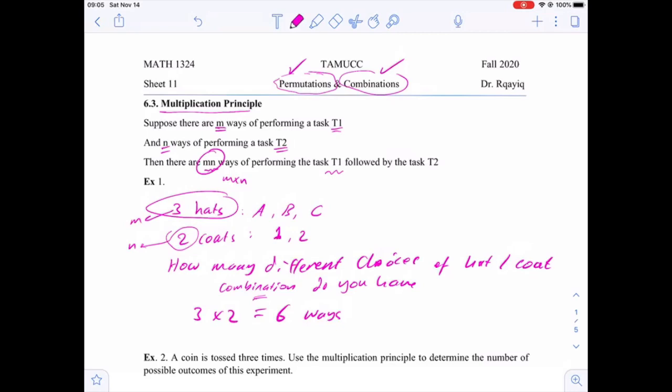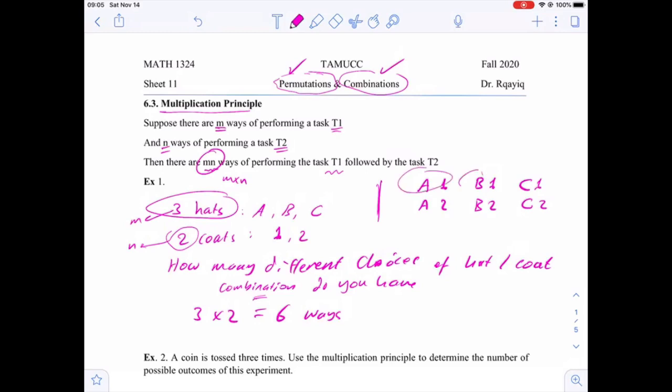So for example, we can choose hat A with the first coat, or hat A with the second coat, or hat B with the first coat, hat B with the second coat, and the third thing, hat C with the first coat and hat C with the second coat.